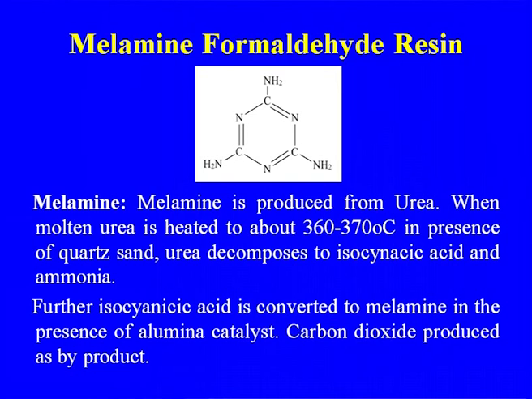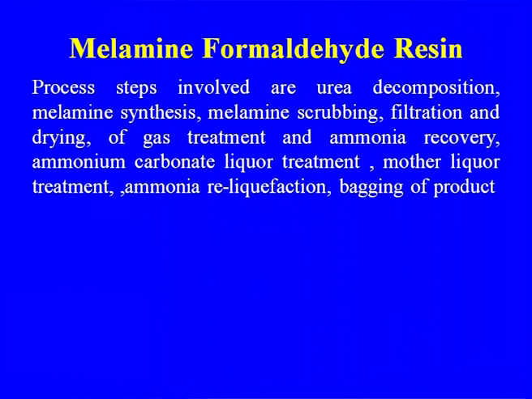This is the melamine structure, and the process involved in melamine manufacture is: melamine synthesis, which is the urea decomposition, melamine scrubbing, filtration and drying of the gas stream and ammonia recovery, ammonium carbonate liquor treatment, mother liquor treatment, and ammonia reliquefaction and batching. This is not exactly about formaldehyde, but about the method we use in melamine manufacture.